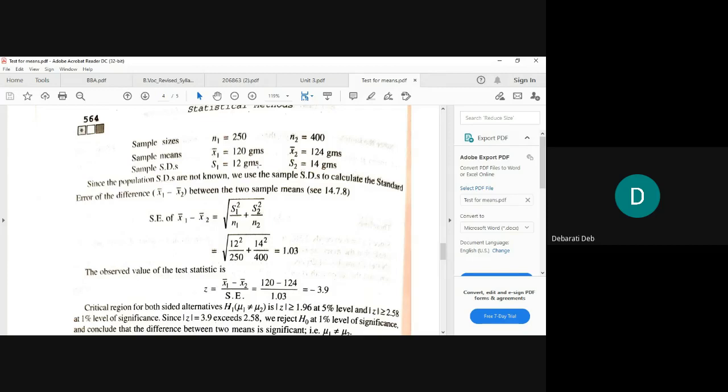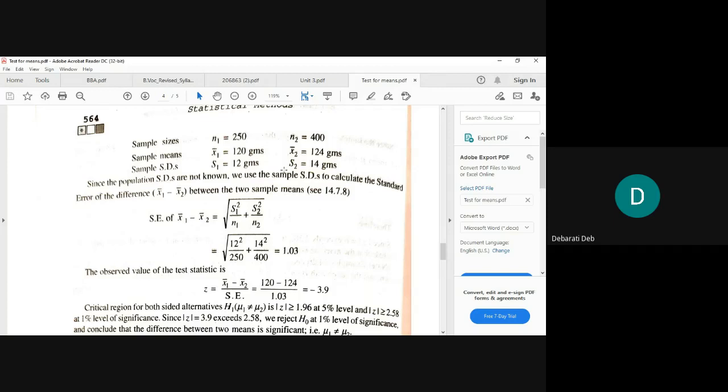Sample sizes, you write N1 equals 250, N2 equals 400. Then sample means, write down sample means.